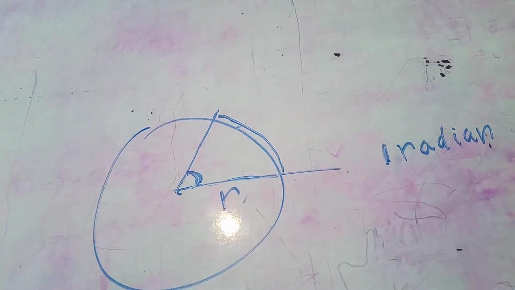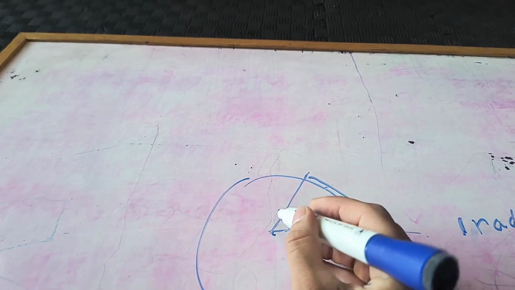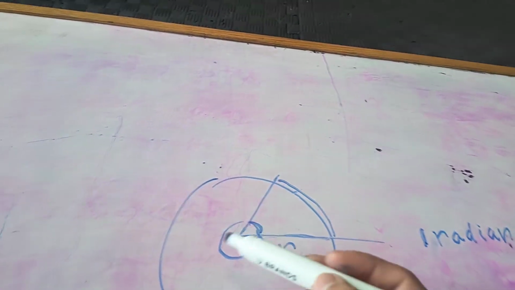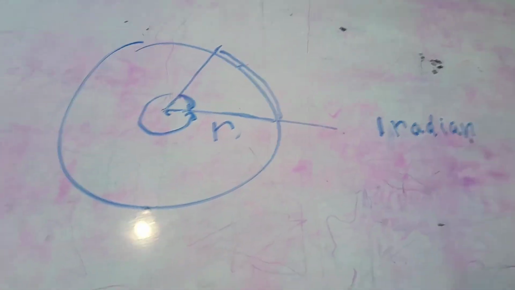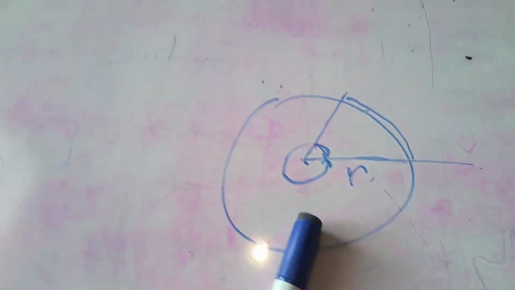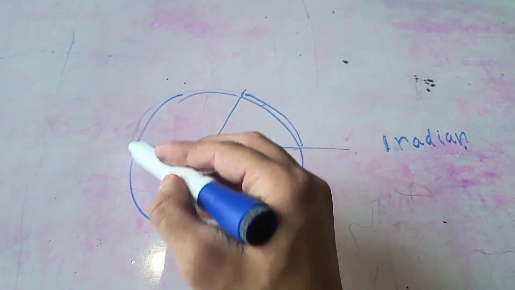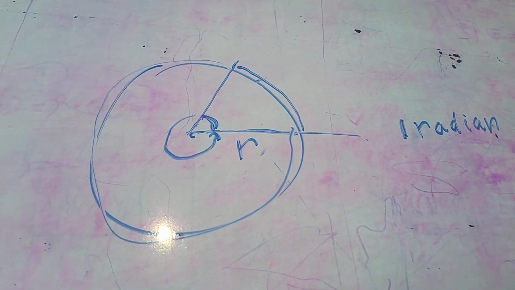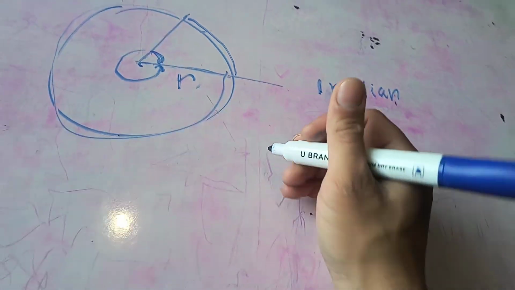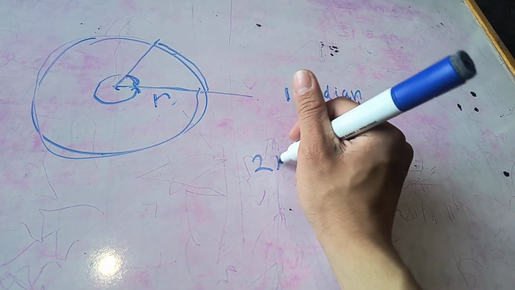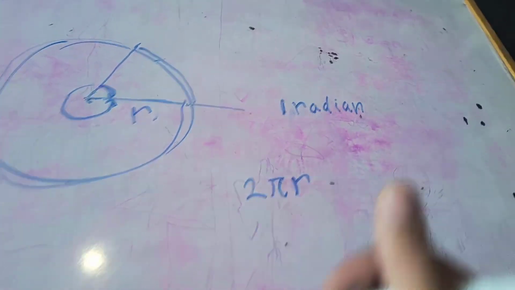That's a radian. Now, if I were to ask you, what about a full circle? What if I go 360 degrees? Well, if I go full circle, I'll be measuring essentially the entire circumference of the circle. And the circumference of a circle is equal to 2 pi r, right?